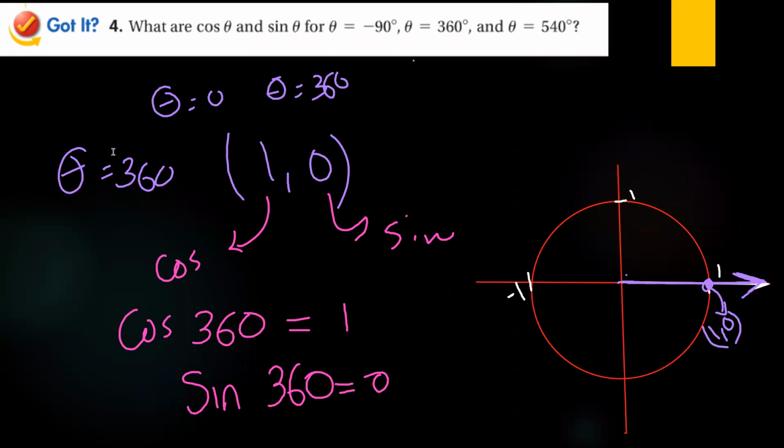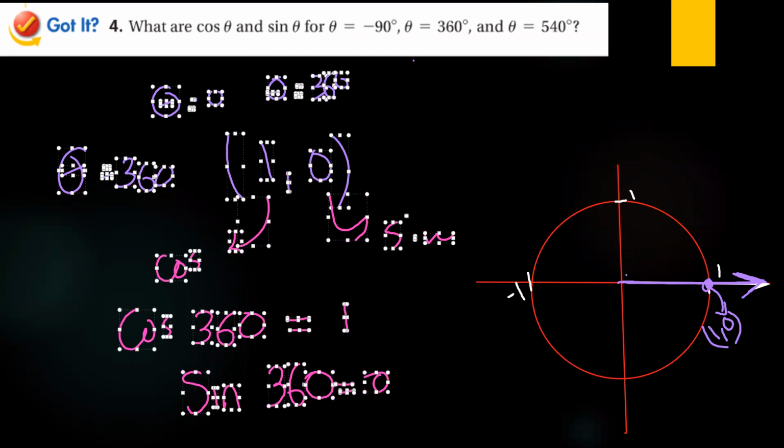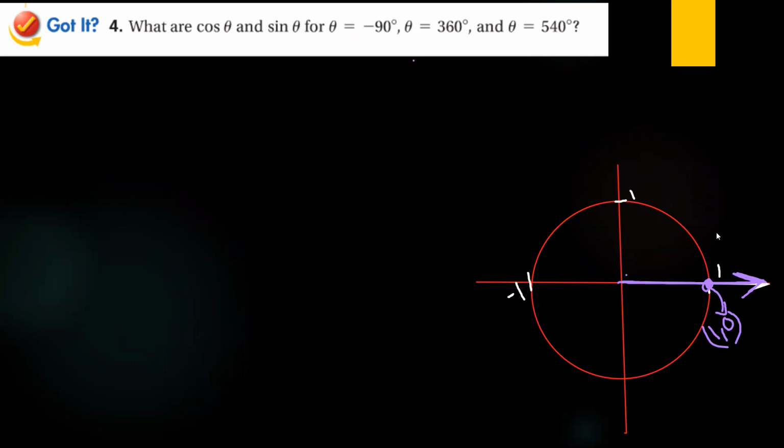Now let's do 540. 540, as you know, is greater than 360. So that means I have to finish the first rotation, then go on to the second one.